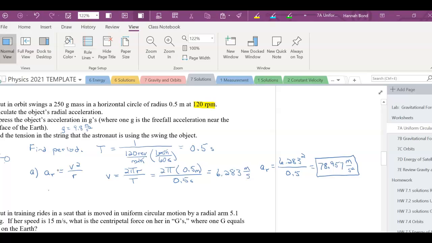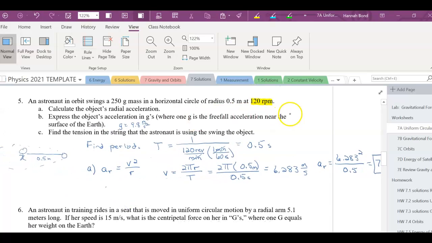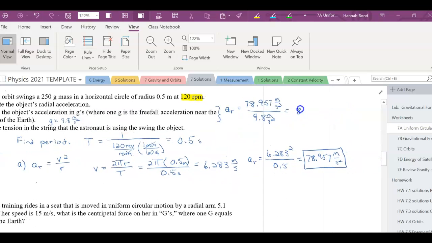If we wanted to express that as g's, and I'll just do that up here because I'm running out of space, the a_r is 78.957 meters per second squared divided by 9.8 meters per second squared, and so that would be 8.057 g's. That's just a way of normalizing or understanding an acceleration in terms of an acceleration that we are very familiar with.